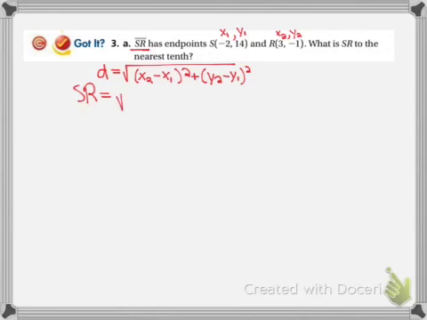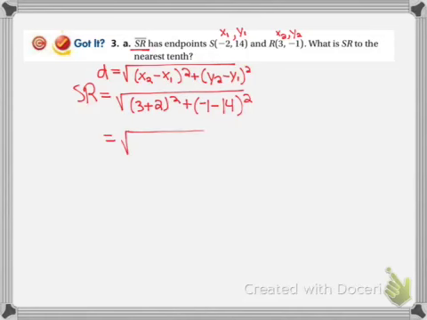Now plugging into the distance formula, x2 is 3 minus x1, which is negative 2, so that becomes plus 2 squared, plus y2, which is negative 1, minus y1, which is 14, squared. So this becomes the square root of 3 plus 2 is 5 squared, plus negative 1 minus 14, which is negative 15 squared.